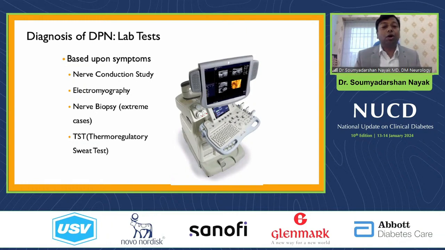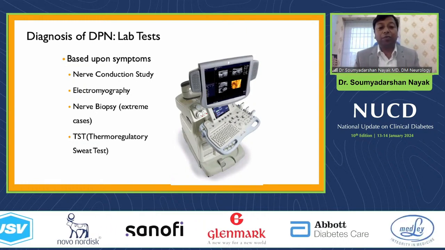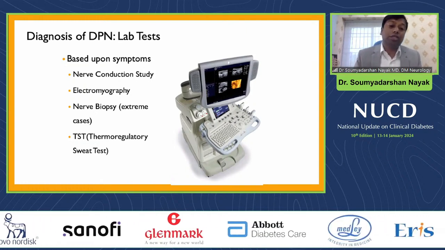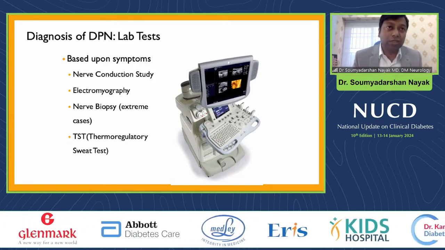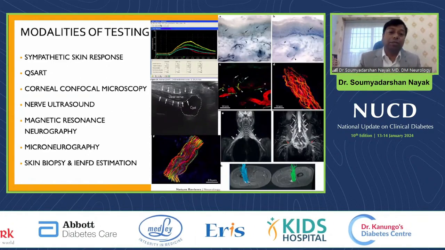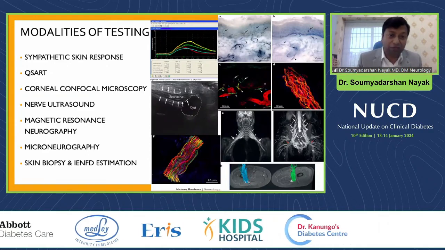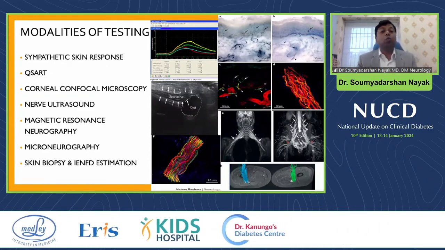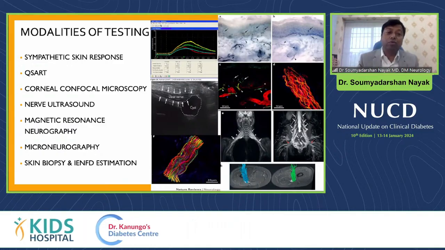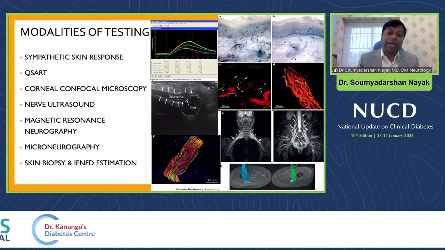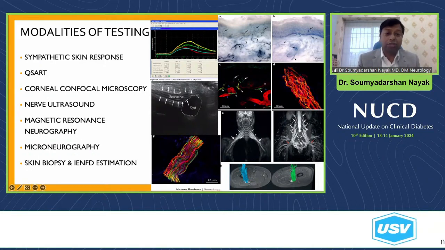Nerve conduction gives first-hand information about the status of the motor, sensory, but what it misses are the small fibers and the autonomic nerves. So if you want a detailed examination, you can do a sympathetic skin response, QSART. So these are simple things which can be done in the neuroclinics.